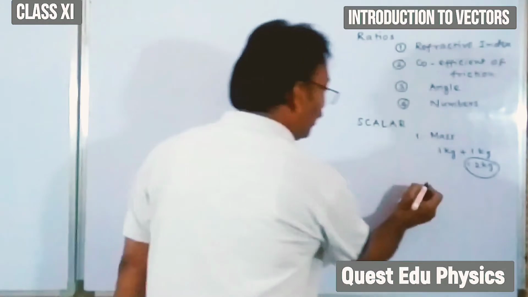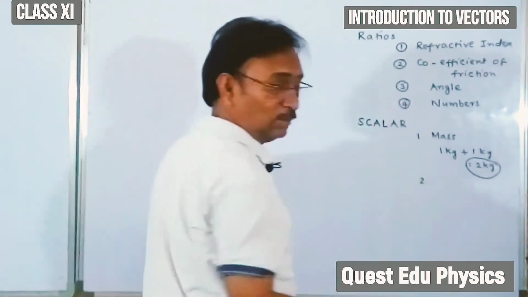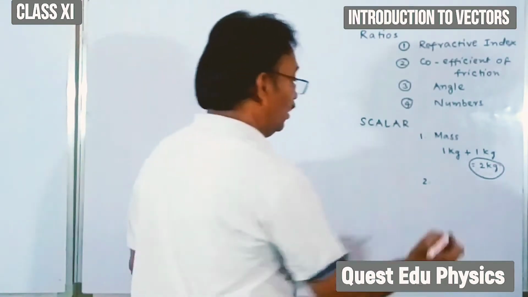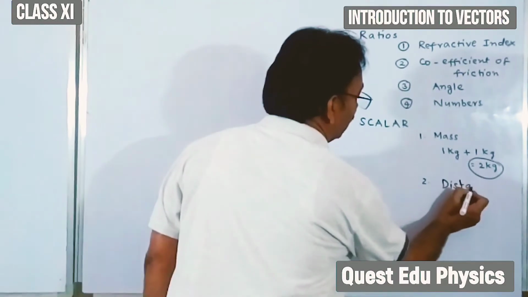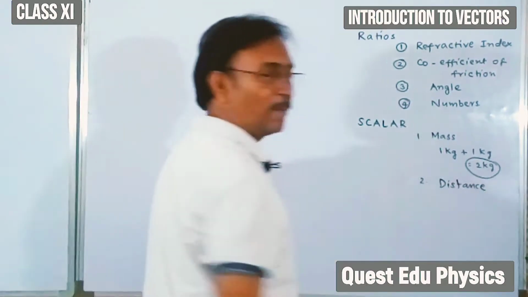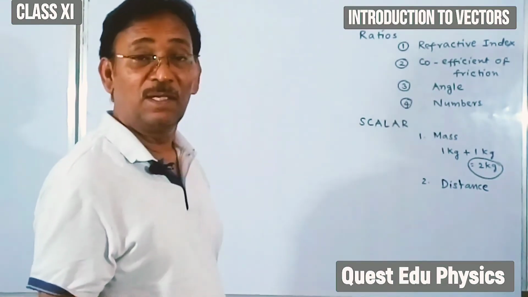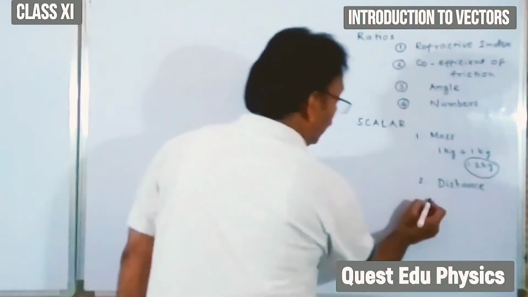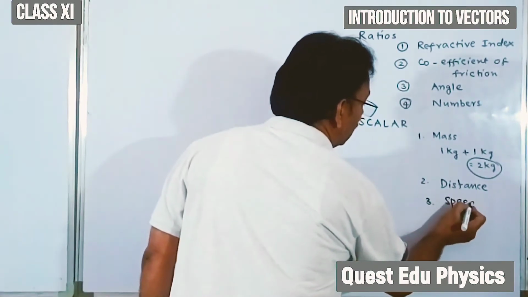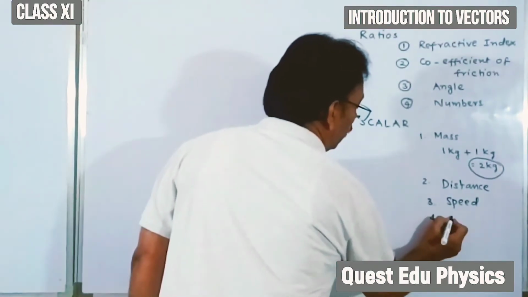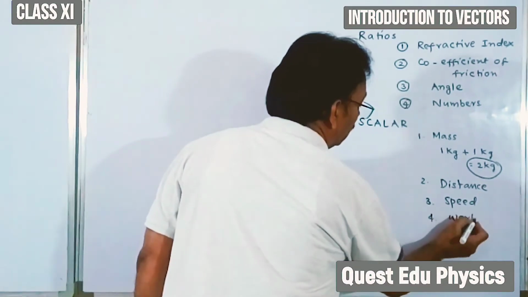And if you go to kinematics, you will find one more physical quantity, which we call distance. Distance is a scalar. Similarly, speed is another scalar, and work is one more scalar.